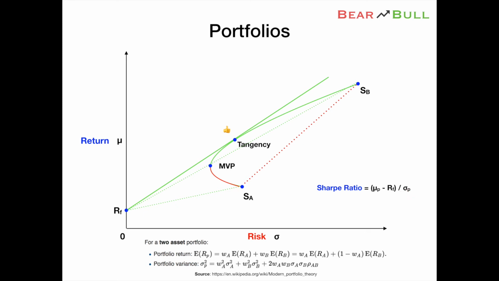So obviously, a portfolio on this line here would have a higher Sharpe ratio than any other portfolio here on the graph. This is another way to say that a rational investor would always invest on this line here, which is known as the capital allocation line. And our hyperbola curve here is called the efficient frontier.